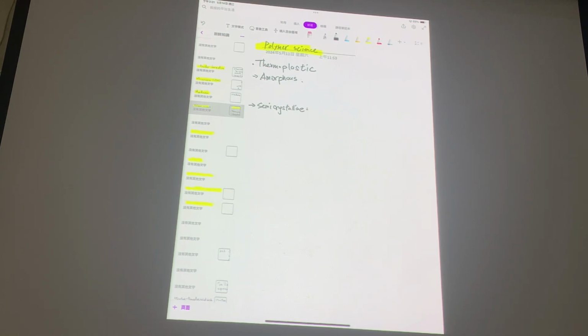So what are the materials that are amorphous? For example, PVC, PC, PMMA, ABS, PS. These are amorphous materials.